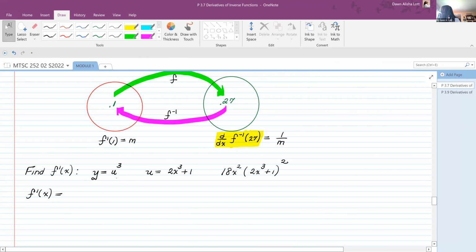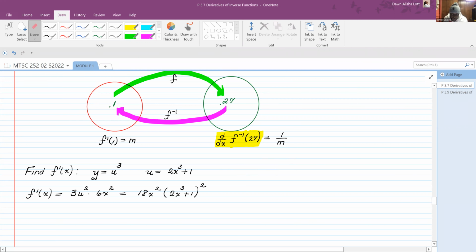The derivative of the outside function gives us 3u squared, and then the derivative of the inside is 6x squared. So there's the 18 and the x squared, and the u is (2x cubed plus 1) quantity squared. So who gave me that answer? Johnny, that's perfect. Thank you.